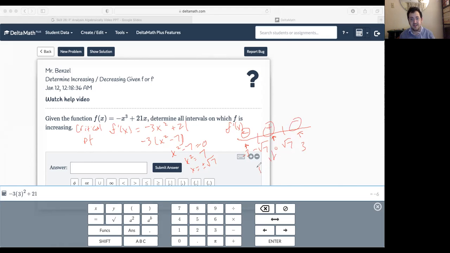So what this means is that we are increasing in the interval between -√7 and +√7. And then we're decreasing from -∞ to -√7, and also decreasing from √7 to +∞. It's asking us for just the interval in which we are increasing.